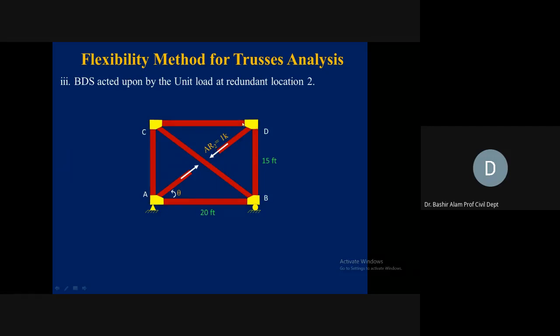Now, how can we find out the member force CD? Look, its horizontal component will be leftward directed and vertical will be downward directed of this 1 kip. Already you have the components cos theta and sin theta, so you can find their magnitudes now. Its horizontal component will be balanced by the force in member CD.